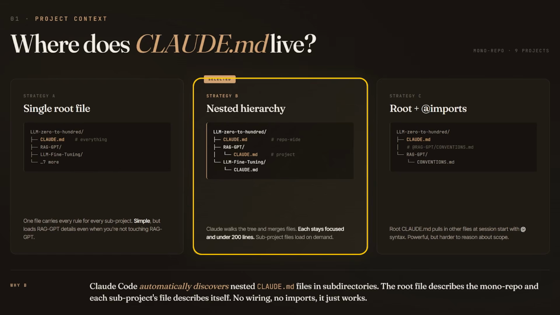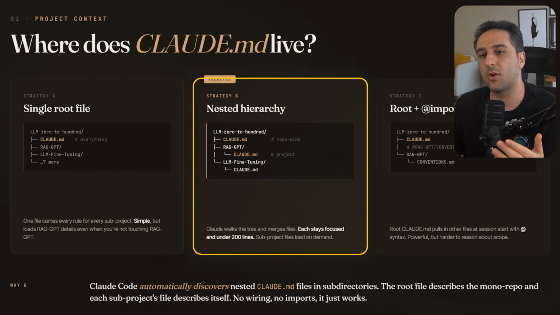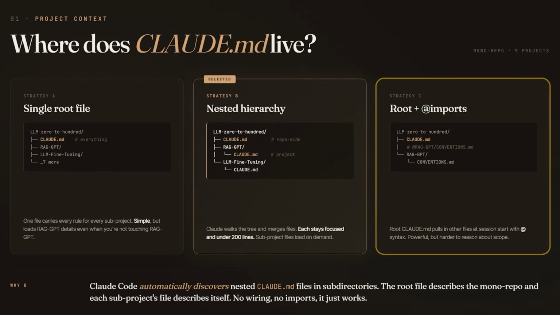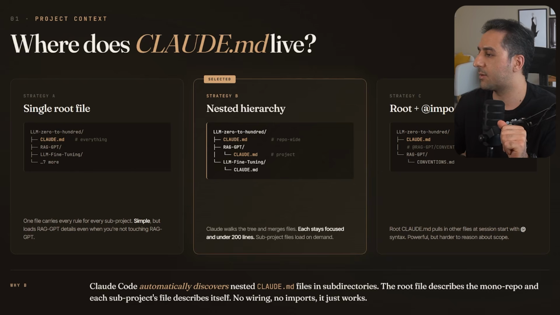The good side about this is that our CLAUDE.md inside our main project stays lean, and we will have specific information for each subproject. So when I'm working on RagGPT, Claude will pick up all the CLAUDE.md files along the way throughout that project, which is perfect for my use case. And the third one is using @ imports, which also works, and it's also very powerful, but harder to reason about scope. Let's go back to our project.